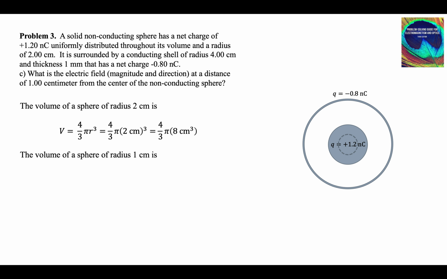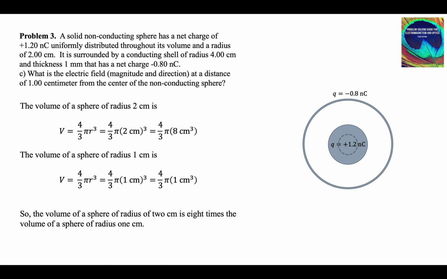For a 1 centimeter radius, 1 cubed is 1, so we get 4/3 pi times 1 cubic centimeter. So the volume of a sphere of radius 2 centimeters is 8 times the volume of a sphere of 1 centimeter. If the radius is doubled, the volume is octupled, 8 times bigger.